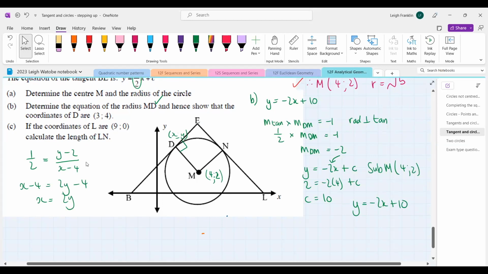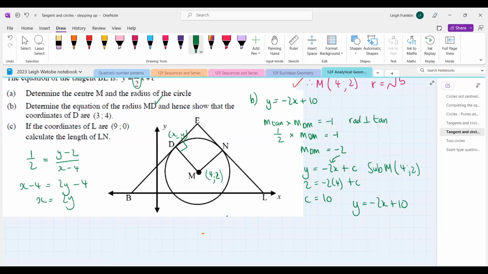Not really, ma'am. I did not substitute that 1/2, ma'am. I substituted -2. I used the gradient of the radius, ma'am. Oh, so you used the gradient of the radius. Okay, how? Ma'am, I think it's mathematically incorrect somewhere. But basically I said y -2 all over x -4.